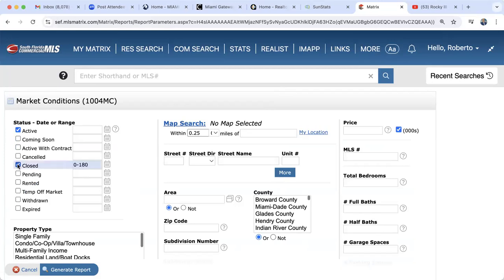Now for closed sales, we want to go ahead and see an entire year's worth of sales. So instead of 180 days, we're going to do 365 days. All right, so we're going to compare active with closed sales over a year's time. We're going to go ahead and select single family home.